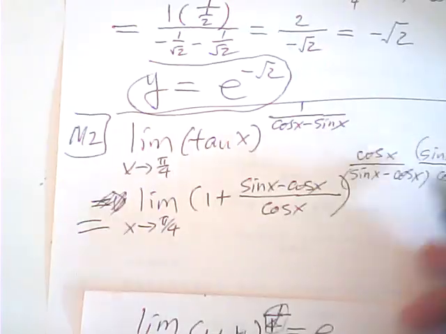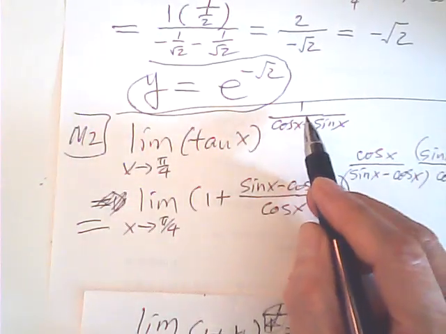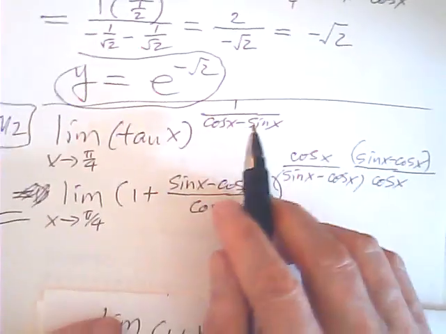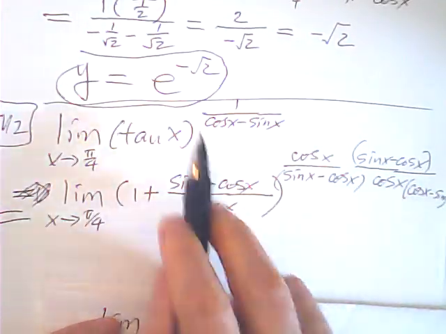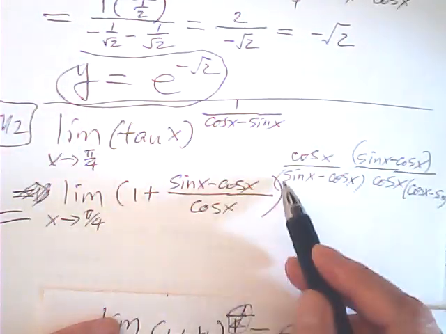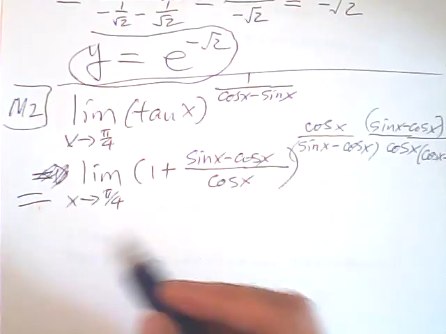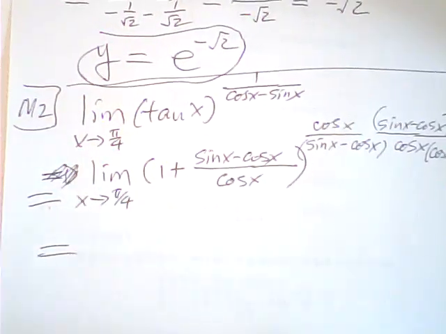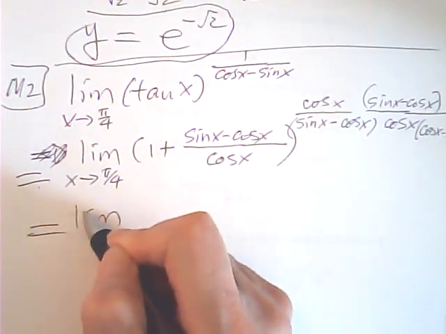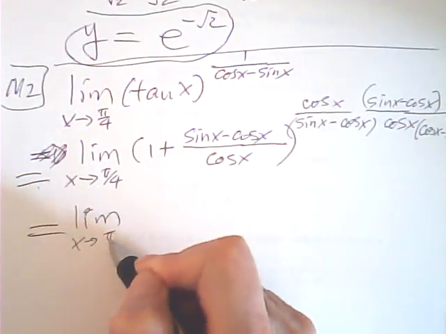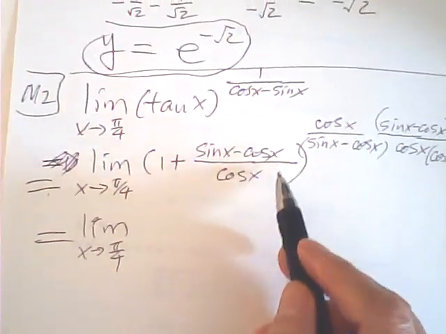So this is 1, right? This becomes 1. Then I have this original, this becomes cosine minus sine. So this one is equal to 1. So the equal sign is still there. Now, the limit as x goes to quarter pi, this goes to 1.